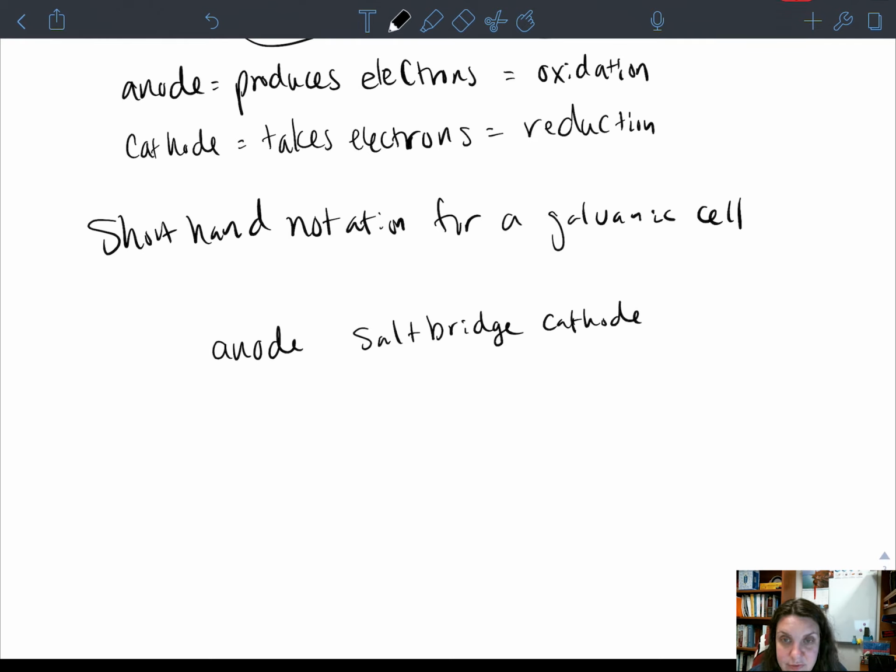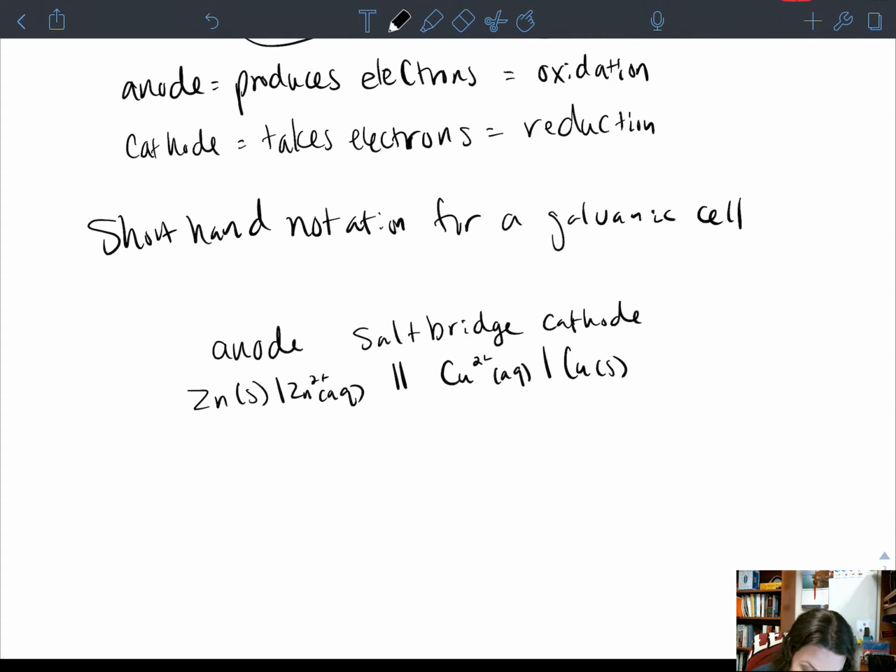So if we have something like this, this would be what a shorthand notation looks like, where our anode and cathode portions are put in here.